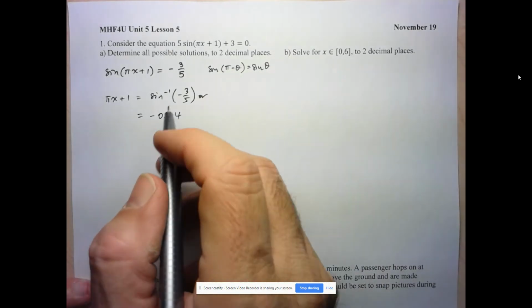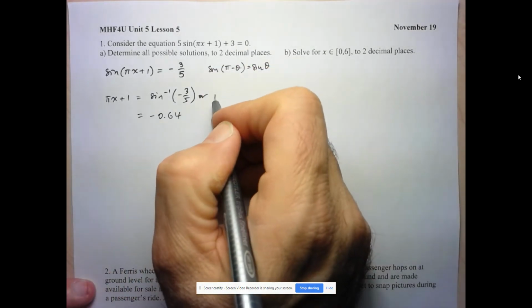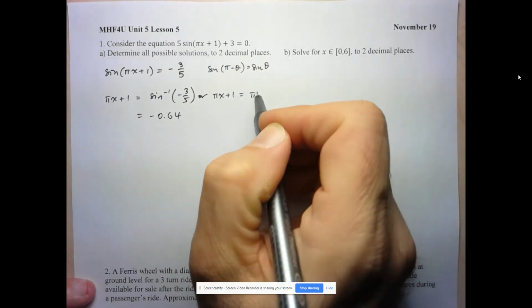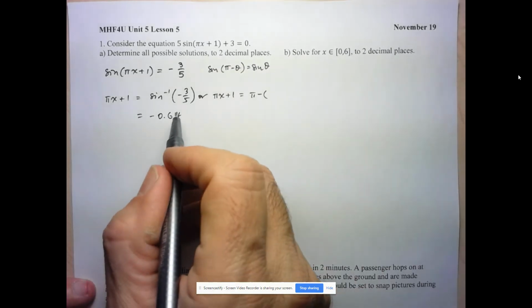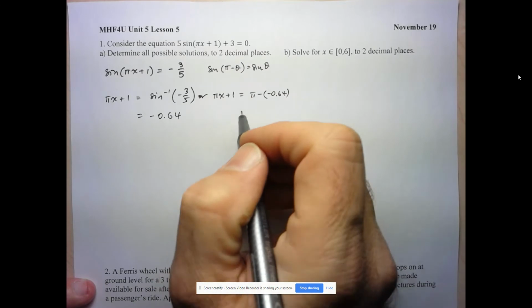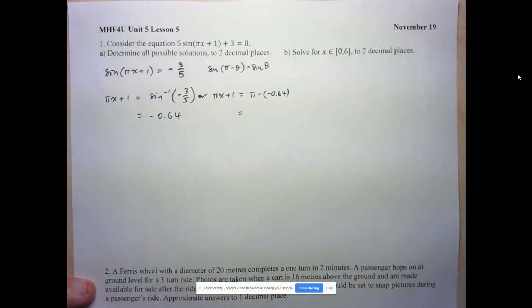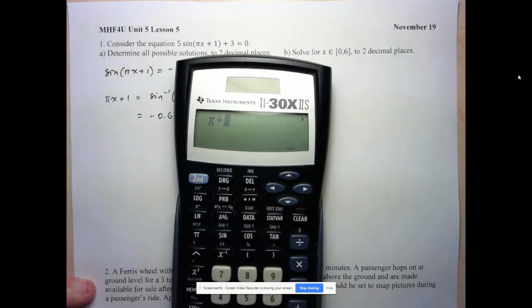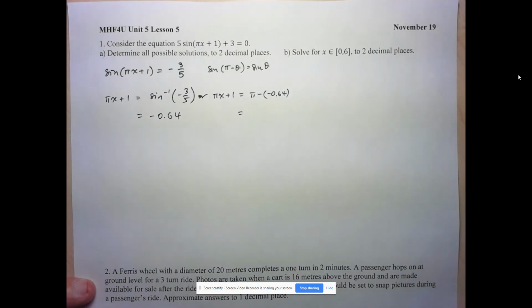So another possible solution is that pi x plus 1 could also be equal to pi minus, in this case our angle was negative 0.64, so in other words that's going to end up being pi plus 0.64. And that gives us 3.78.